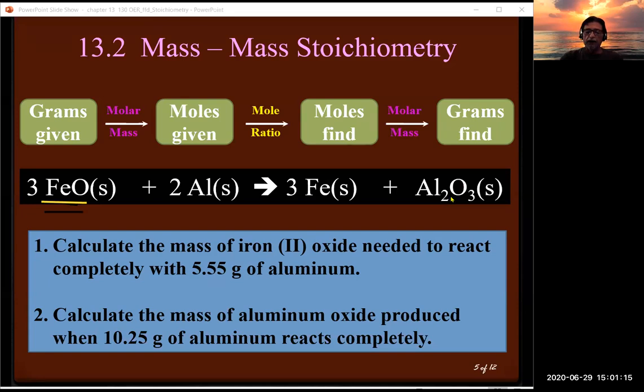How much aluminum oxide are we going to make if we start off with 10.25 grams of aluminum. The first one was calculate the amount of iron 2 oxide needed to react. That guy needed to react with aluminum. Okay. So that was the red part.